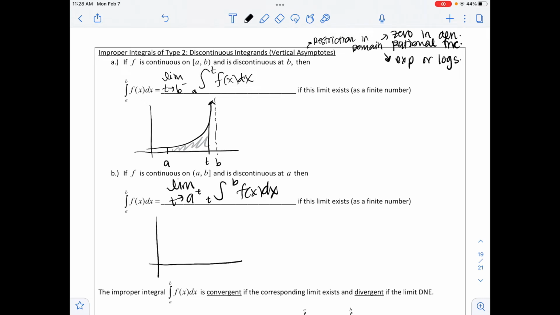Again, this time we're going to have a vertical asymptote at a. So drawing that on, there's a going out towards b, and here's t, and we're approaching a from the right, and this will be able to find that area under that curve.